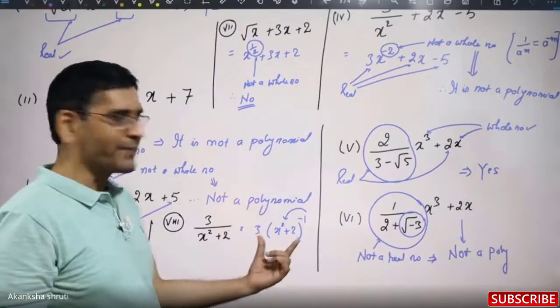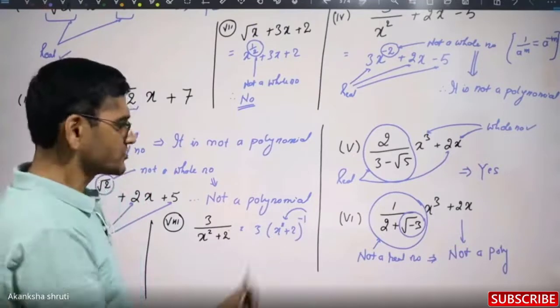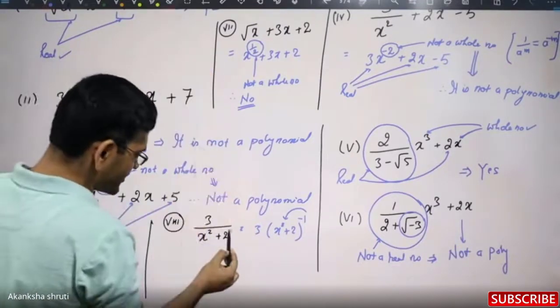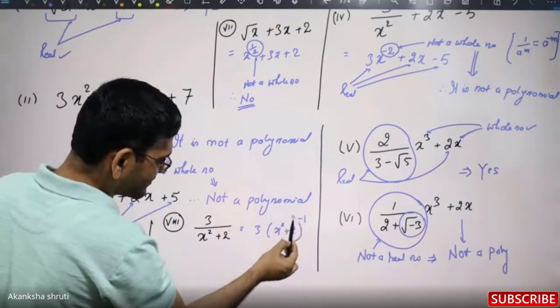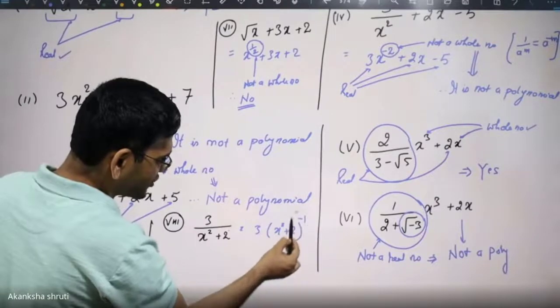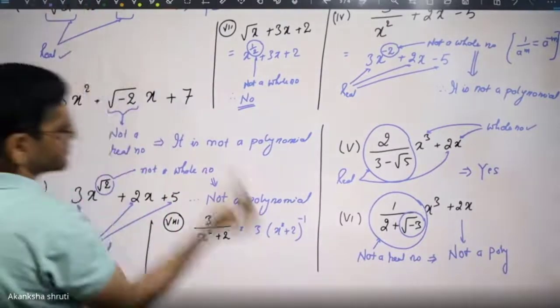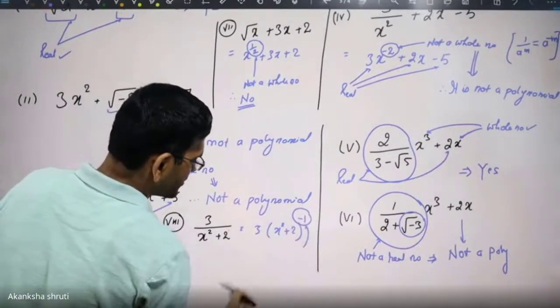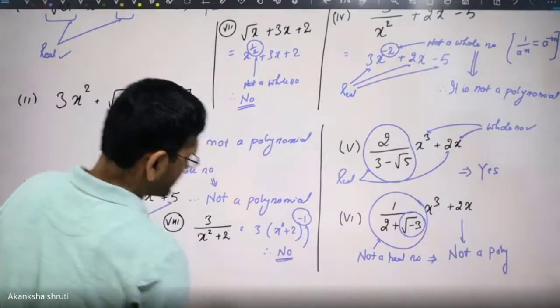This is done by binomial expansion. You will learn in higher standard. So don't worry for that binomial expansion. But right now you are just getting that because of this negative power in this expression, the answer is no. It cannot be a polynomial.